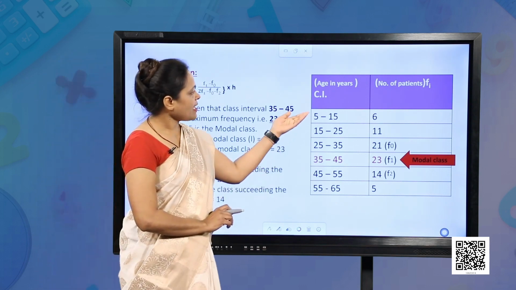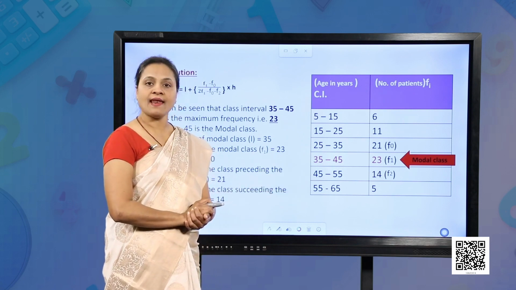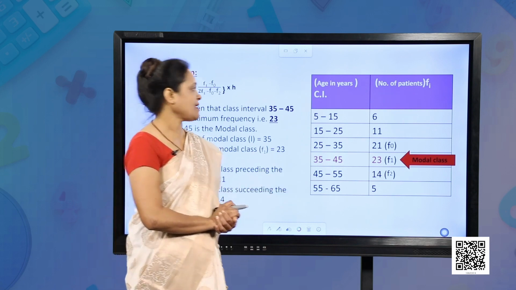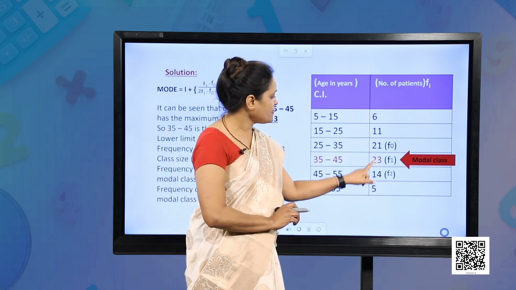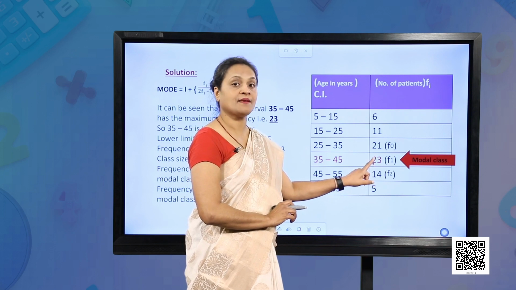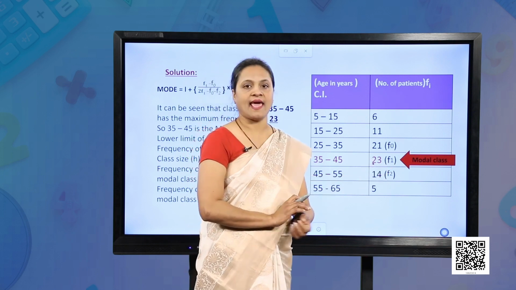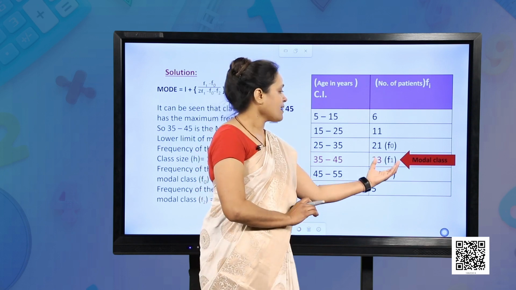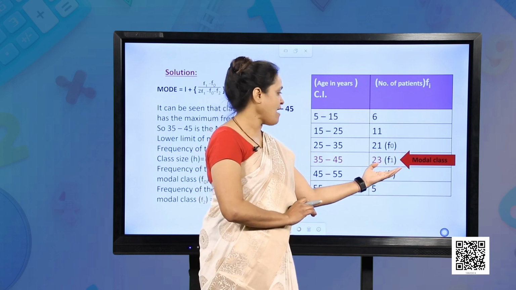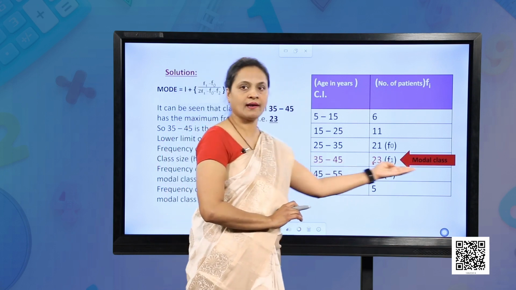In our table, we will first find where the maximum frequency lies. Out of these frequencies, 23 is the highest frequency. This will be termed F1. The class interval having maximum frequency is termed the modal class.